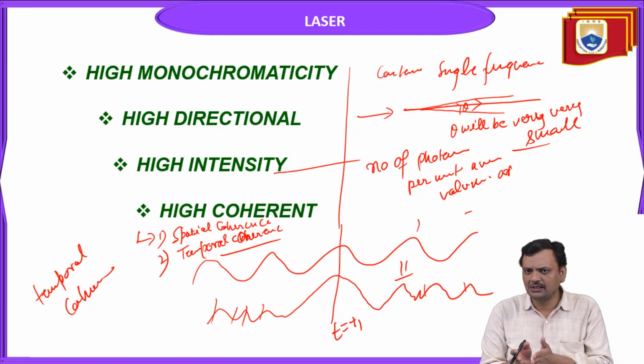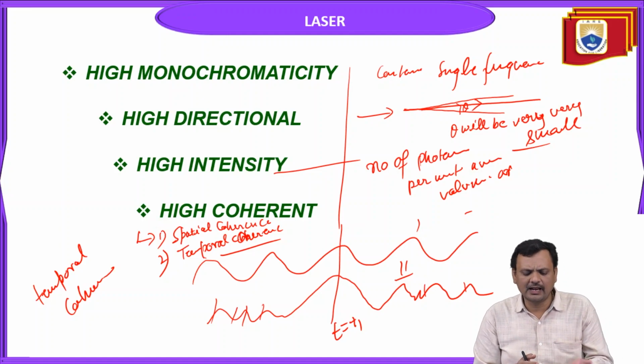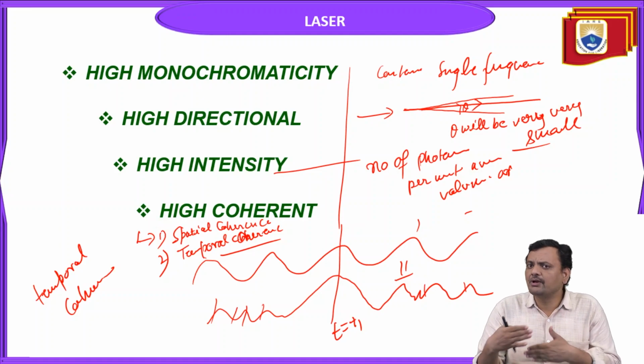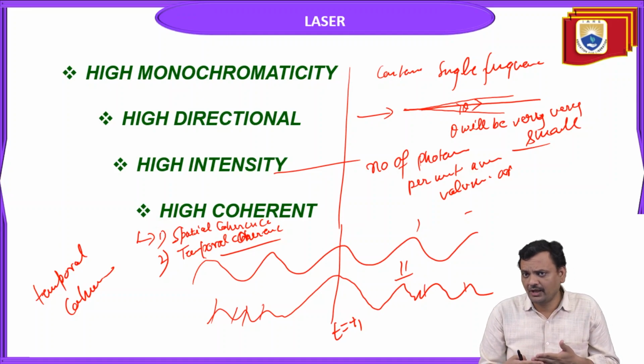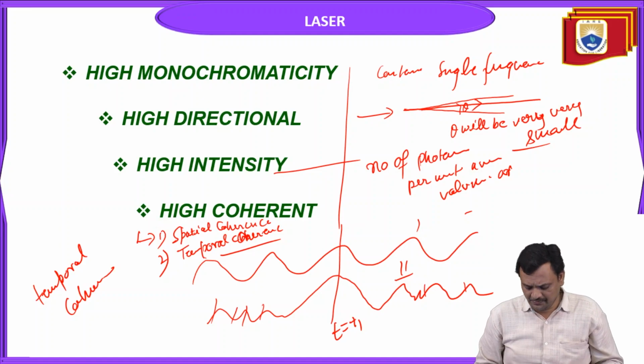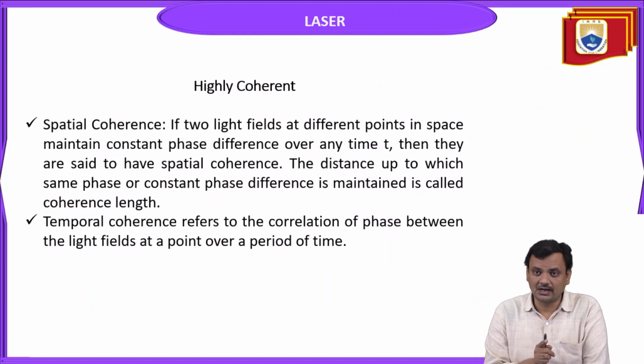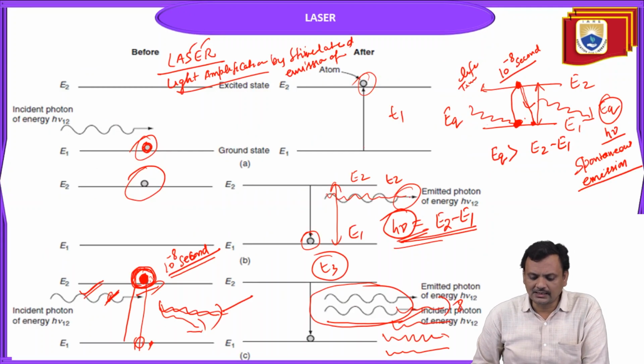They are rapidly increasing, amplifying their number, means high intensity will come. Then highly coherent. Obviously they will be in phase. Okay, they will have a similar frequency, they will be in phase, so they will maintain a coherence nature also. That's why stimulated emission of radiation is important for generation of laser light.